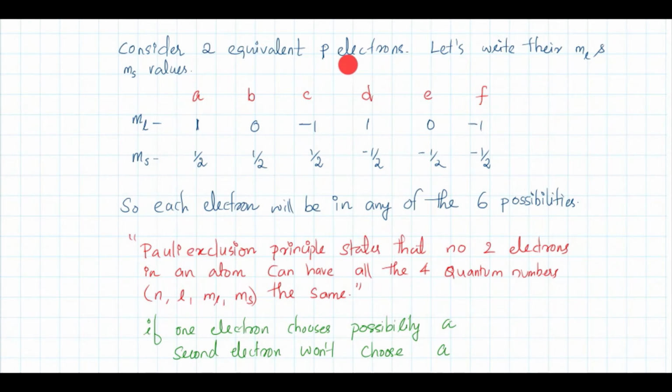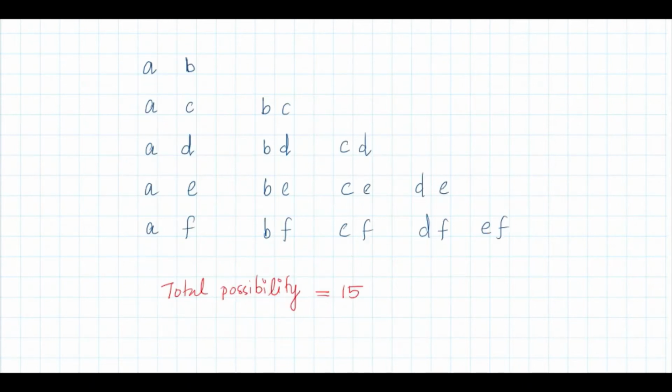The n value and l value are already the same, and if one electron chooses A and the second also chooses A, ML and MS will also be the same. So all 4 quantum numbers become the same for both electrons. That is why if one electron chooses A, the second one can choose either B, C, D, E or F.